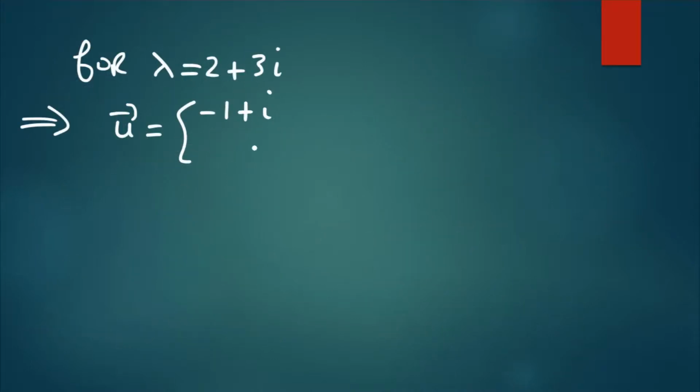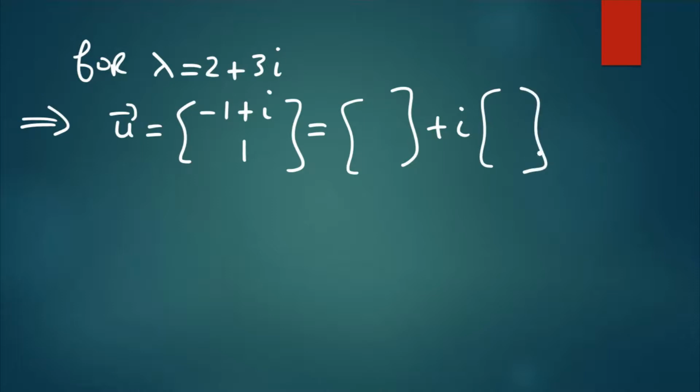Minus 1 plus i, 1, which can also be written as a vector plus i times another vector. The first vector is minus 1, 1, and the second is 1, 0, because this one is 1 plus 0i.